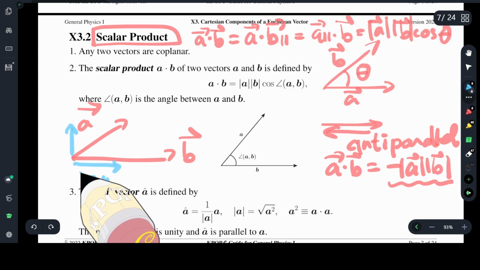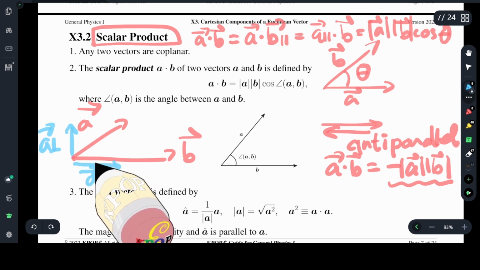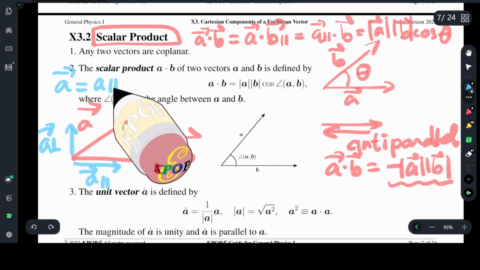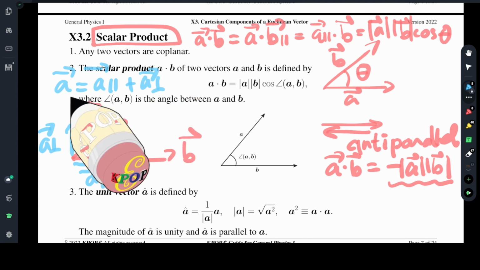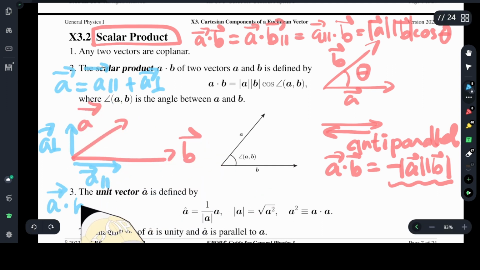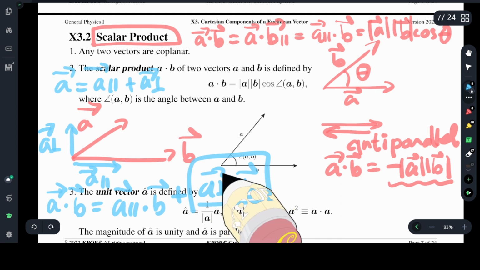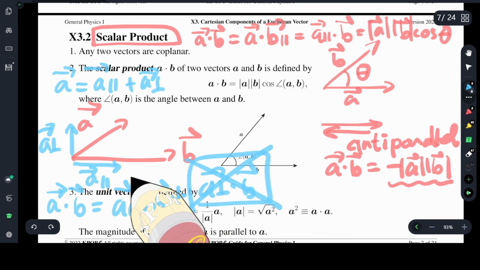One is A parallel, that is parallel to B. The other is A perp, that is a perpendicular component relative to B. So A is a sum of a parallel component and a perpendicular component relative to B. If I take the scalar product A dot B, then A parallel dot B plus A perpendicular dot B. The perpendicular component has no component along the B axis, so we would like to erase this.